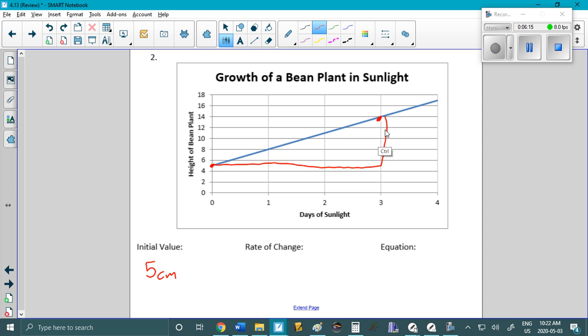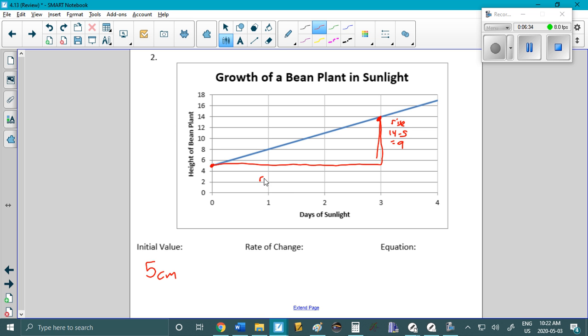And I'm going to do the rise and the run. Okay, so to find the rise, we go from 5 all the way up to 14. So the rise, we're going to do 14 minus 5. We're going to get 9.